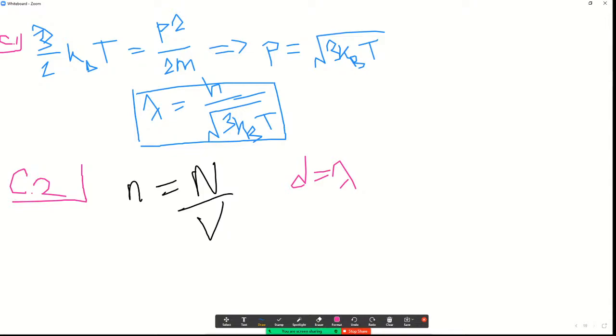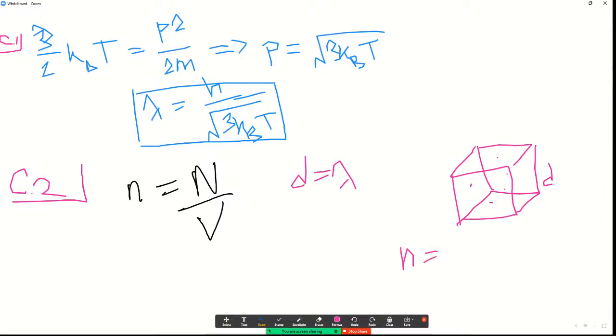If there's a cube and each length of the cube is d, and there are N particles, you can replace V with d cubed. Here d is the typical length or de Broglie wavelength. Maybe they're the same.